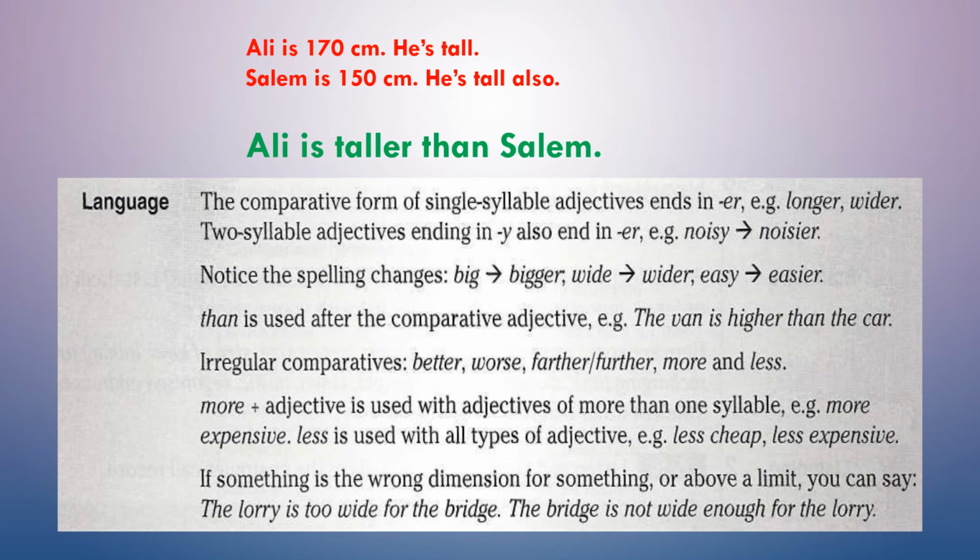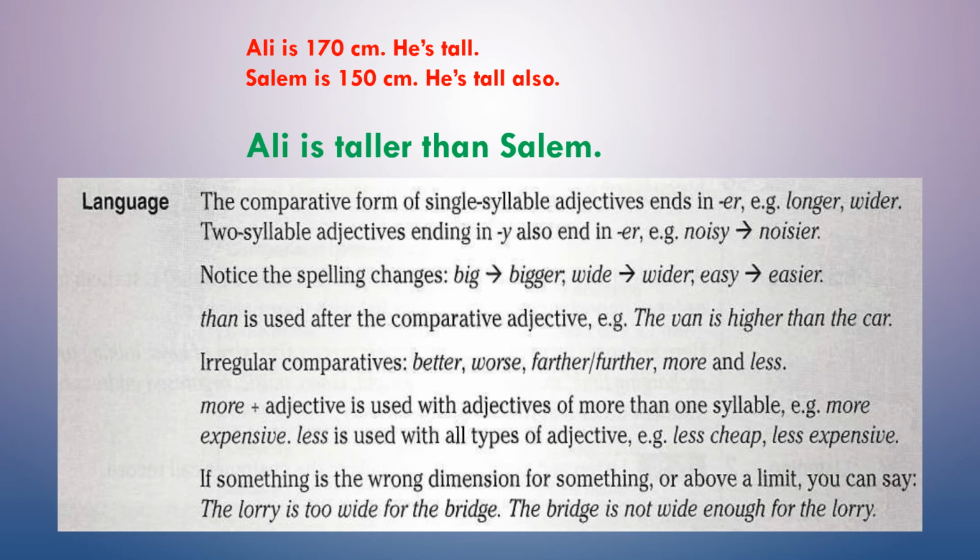We can't say expensiver than. For long words like expensive here in your book, we should put the word more before the word. So, more expensive. Okay? If we want to talk about, for example, crowded, it means crowded. We want to compare Doha to Dukhan, for example. Now, you know that Doha is a big city.